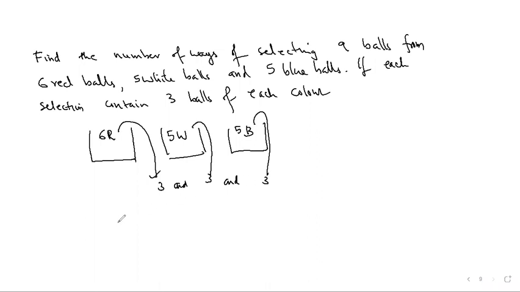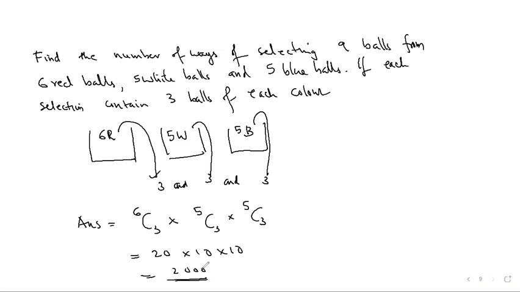All words are connected by and, so your answer will be 6C3 multiplied by 5C3 into 5C3. So 6 into 5 into 4 upon 6 is 20, into 10 into 10. That is 2000. Yes, that's right.